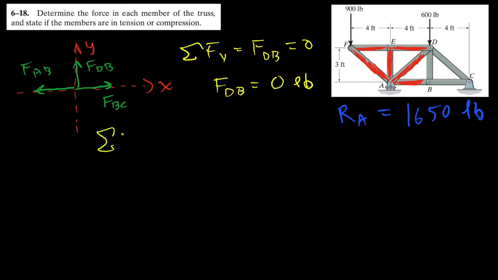Now let's solve the horizontal, and this will also come out to be something pretty simple. And here's a hint: whenever you see a member structure that looks like this, where we have a vertical component like that and two horizontal components, one pointing this way, one pointing this way, and then a vertical one pointing that way, you will always see that this vertical component will always have a 0 magnitude because there is no other truss component that can counteract the force that is contributed by this component here.